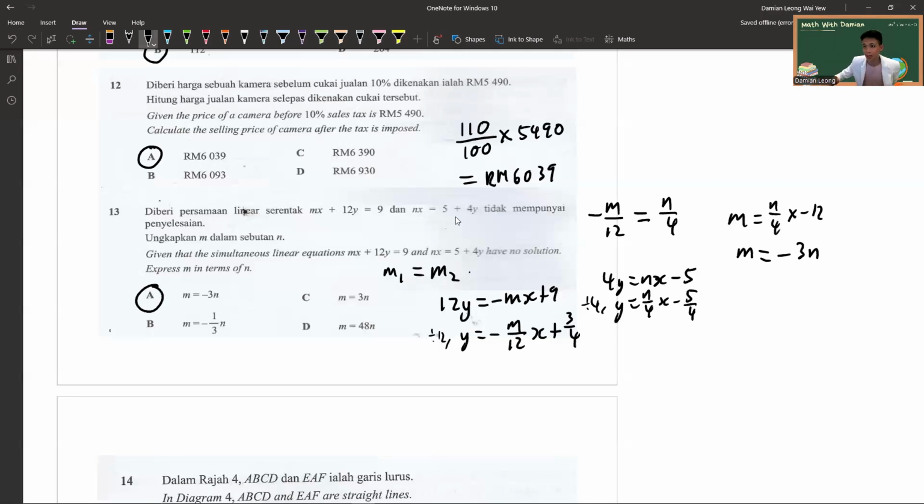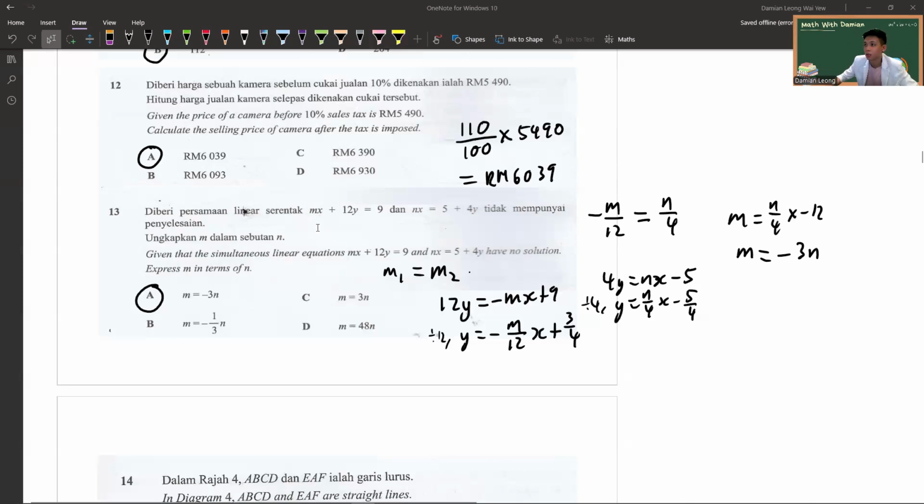Answer would be A. This is a bit of a tricky question. They tell you it's a simultaneous linear equation, but then they talk about having no solution, so it's actually about straight lines. The only way two straight lines will not intersect each other is if they have the same gradient, when they are parallel lines.